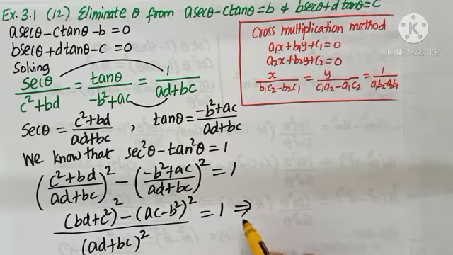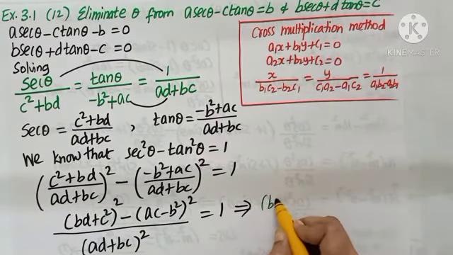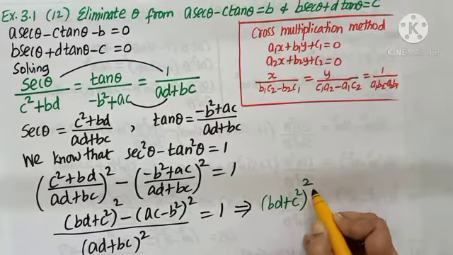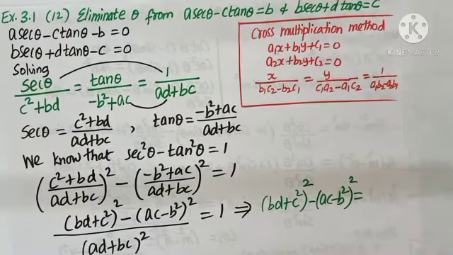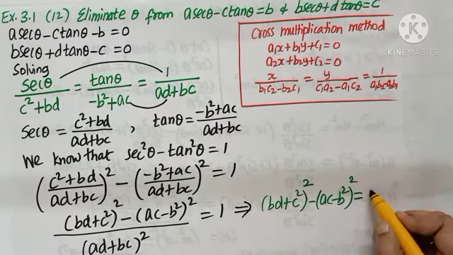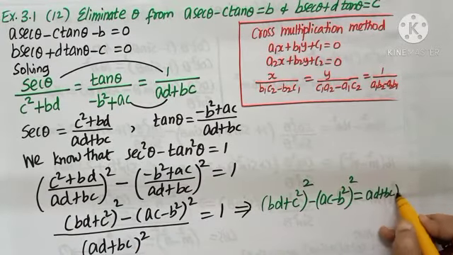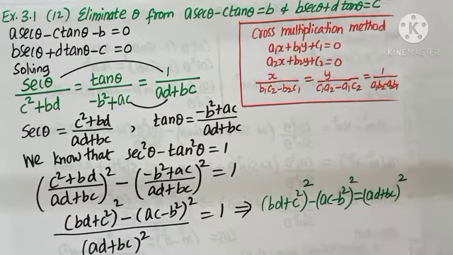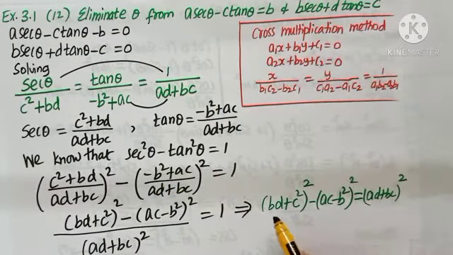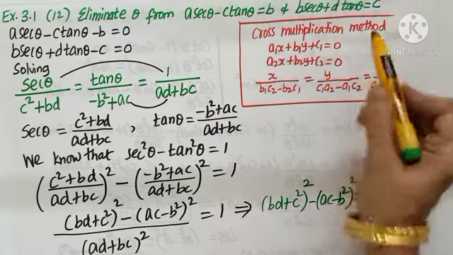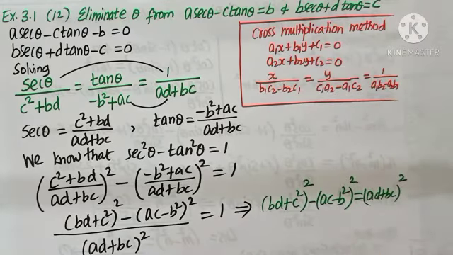Cross multiplying, we get the result BD plus C square the whole square minus AC minus B square the whole square equals AD plus BC the whole square, and that is the result. The question is to eliminate theta. In my final answer, theta mustn't come. So we have a relation between A, B, C, D, and that is the answer.